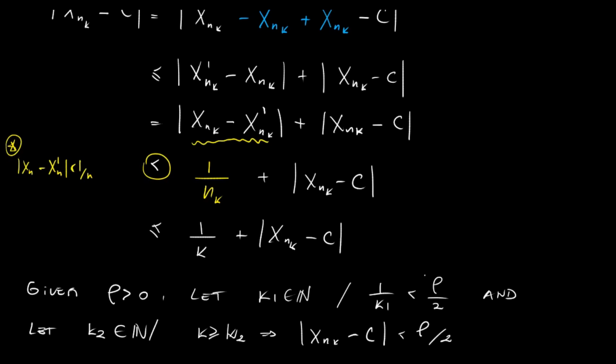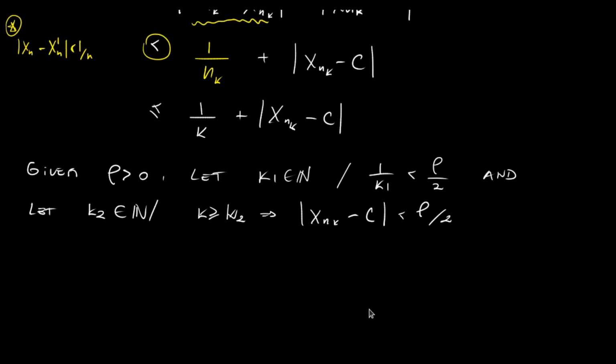This k1 exists because rho is just a positive number, and k2 exists because we know that the limit of x of n sub k is c. So this is just using the definition of a limit. So then if we take k to be the maximum between k1 and k2, then both these two things will be true.